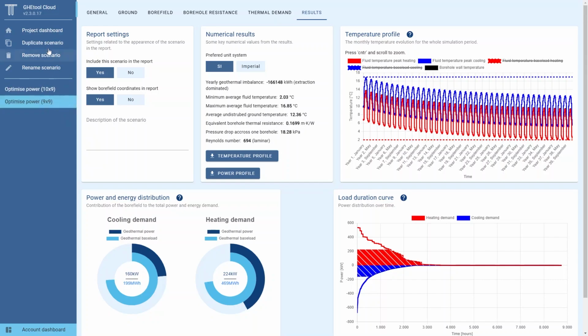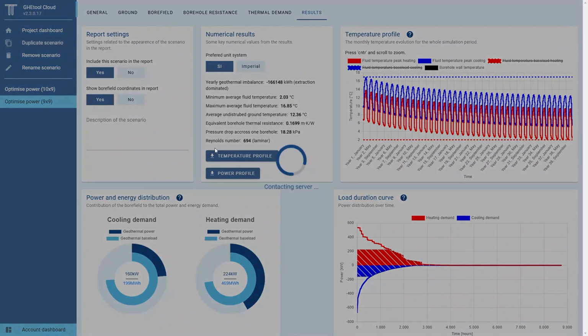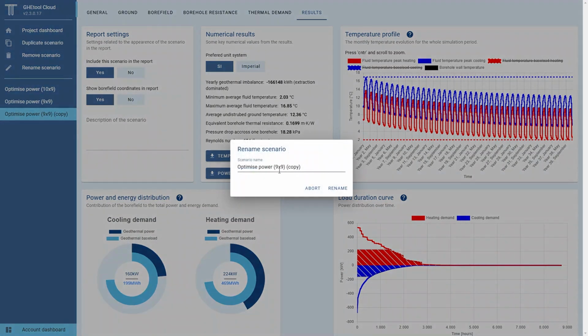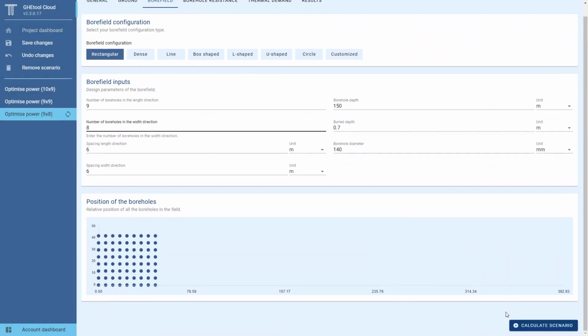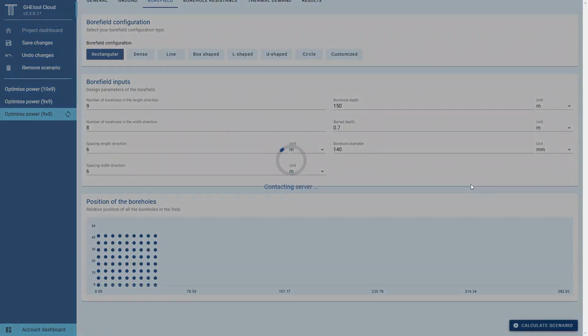So perhaps we can duplicate it again and try, for example, a 9/8 bore field, and let's see what that gives us as a result. So we change the dimensions again and we recalculate the bore fields.